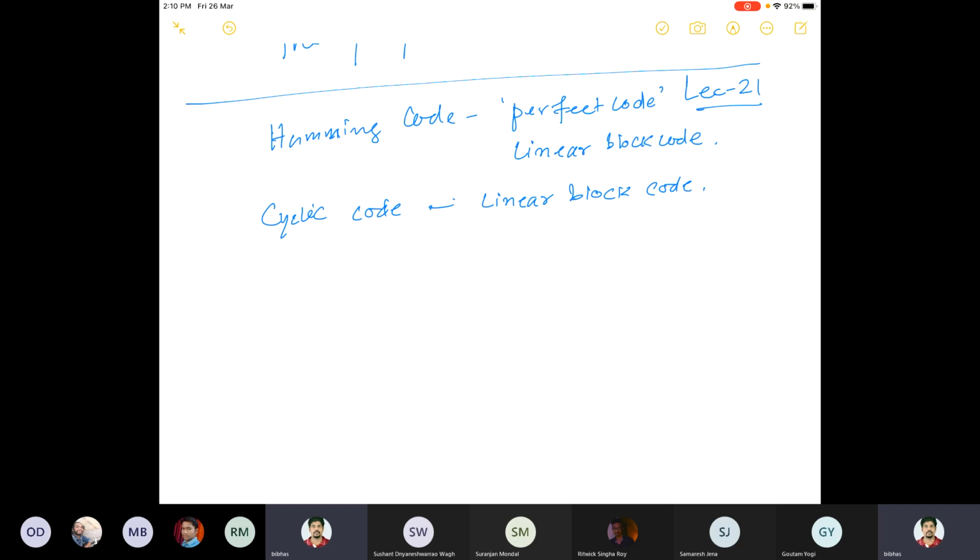For example, if we take 1 0 0 1, we may write it as a0 a1 a2 a3. So the corresponding polynomial could be a0 plus a1x plus a2x squared plus a3x cubed. In this case, it is 1 plus x cubed.